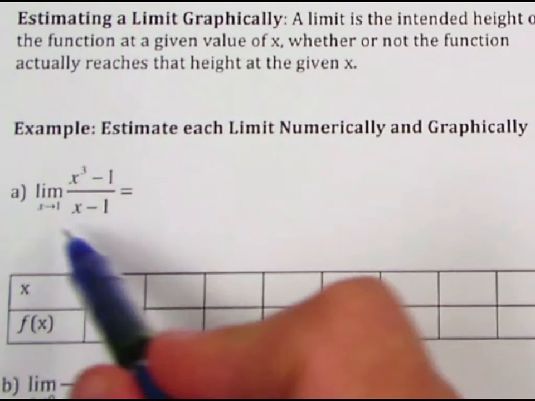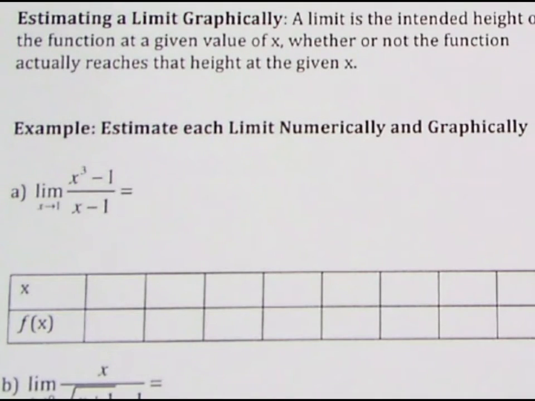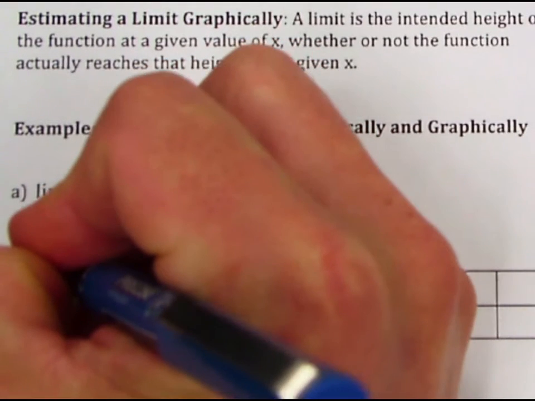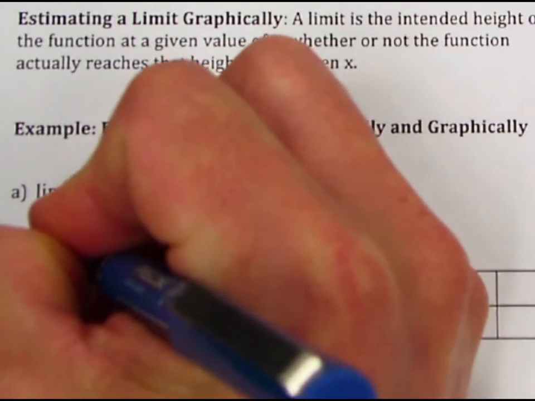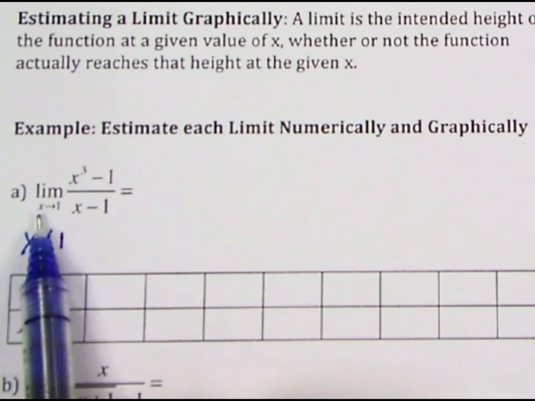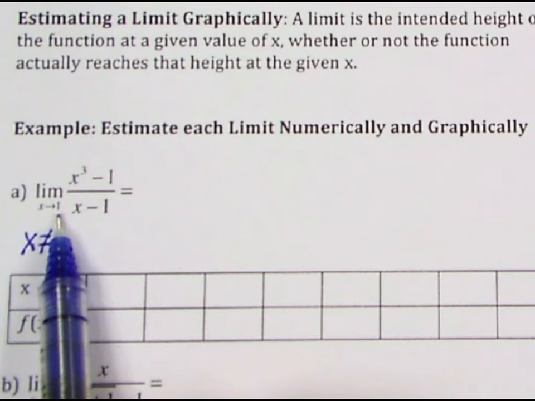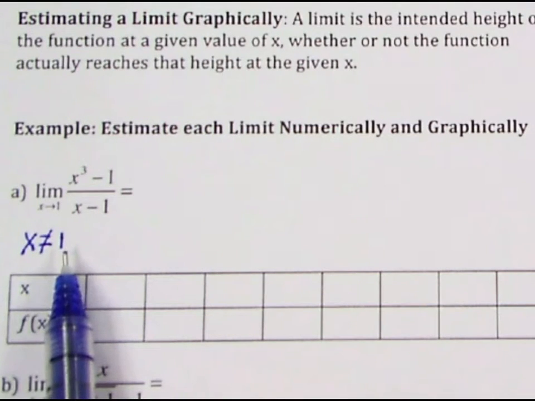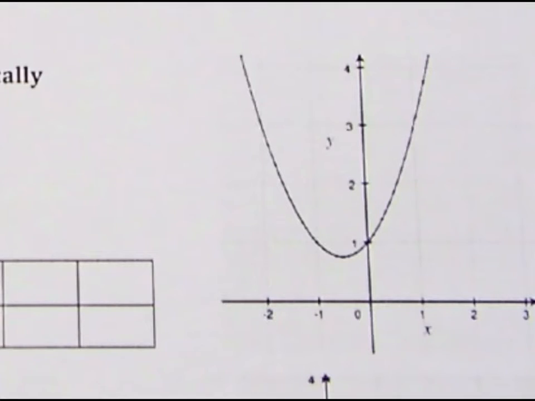Now we can see from this, when we look at the domain, that x can't equal 1. You're going to see this a lot with limits: as x approaches 1, but notice x cannot equal 1. So it's really going to force our thinking with limits here.